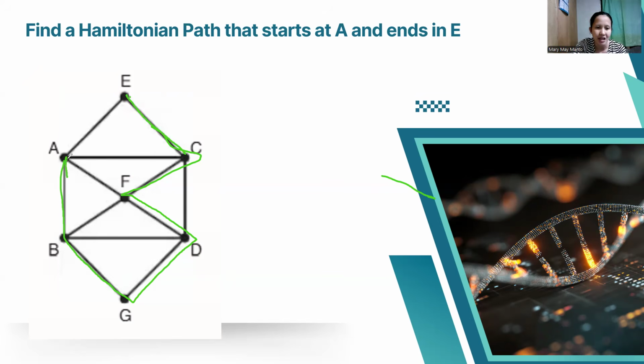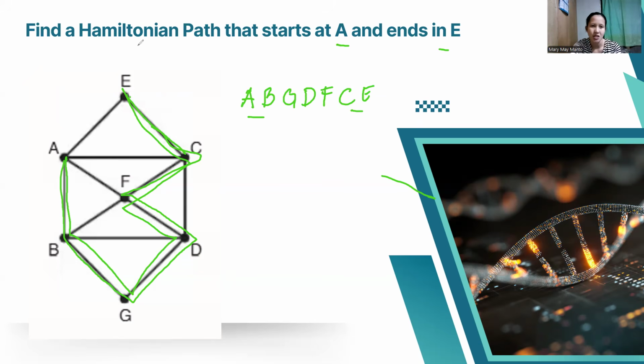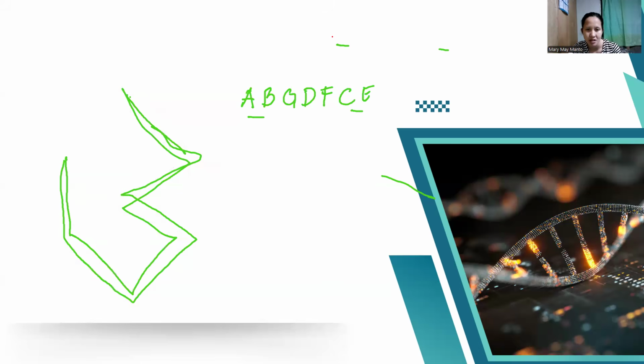Again, A, B, G, D, F, C, E. A, B, G, D, F, C, E. So it satisfies that it starts with A and ends with E. So that's the condition. But if there's no condition on where you start, you can actually find many Hamiltonian paths in the given graph. Okay? A, B, G, D, F, C.